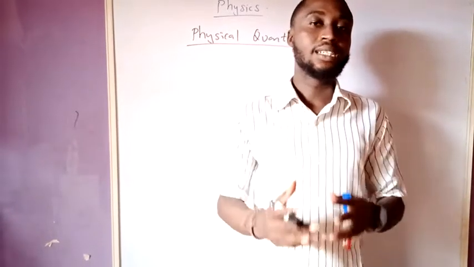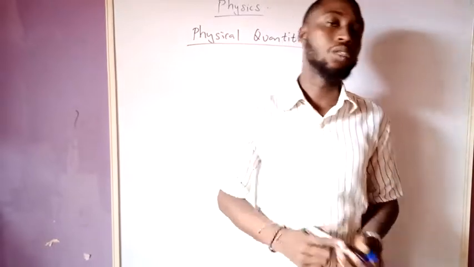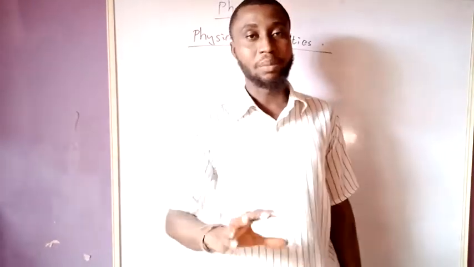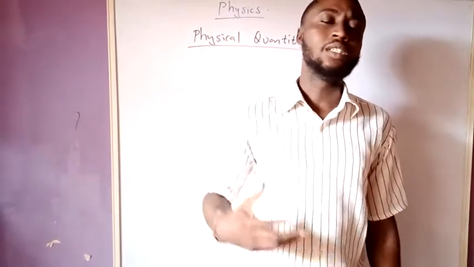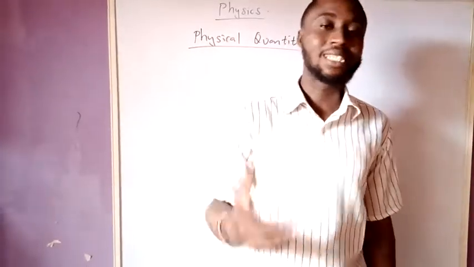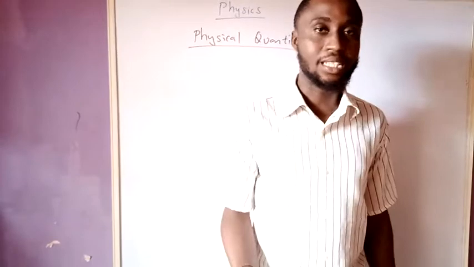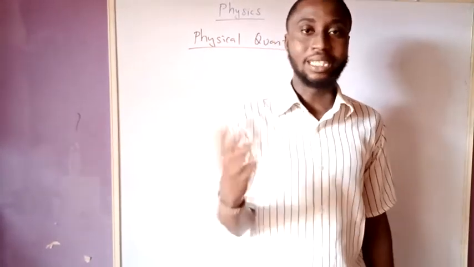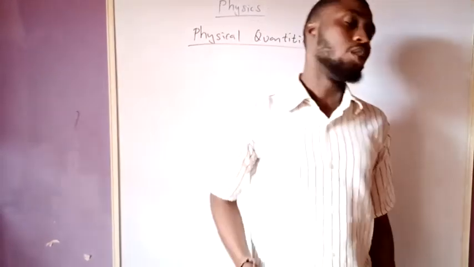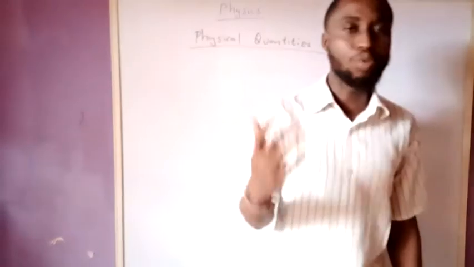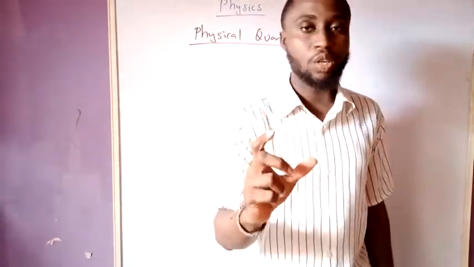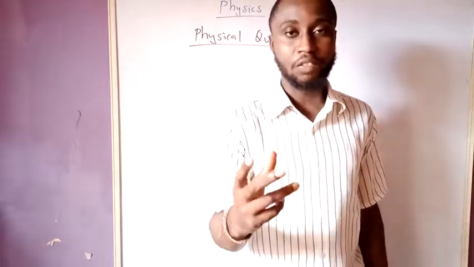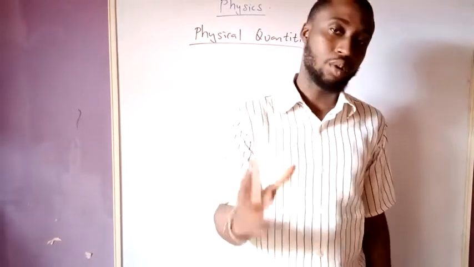Physical quantity is very important to us in physics because physics itself is an experimental science that deals with measurement and observation of certain natural phenomena and events that occur within and around us. So physical quantity can simply be defined as the measurable and the observable during a physical experiment.